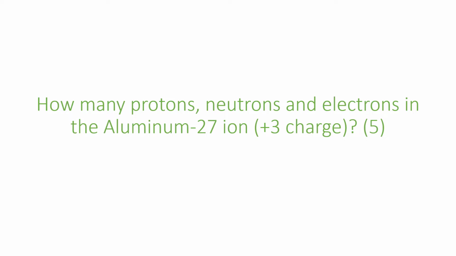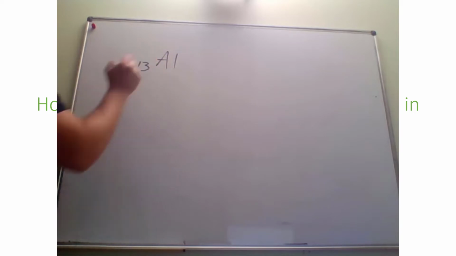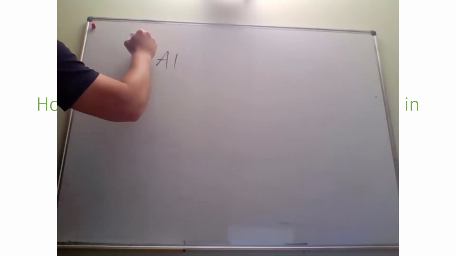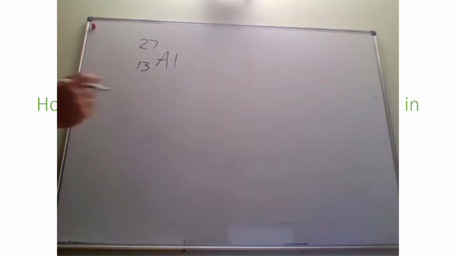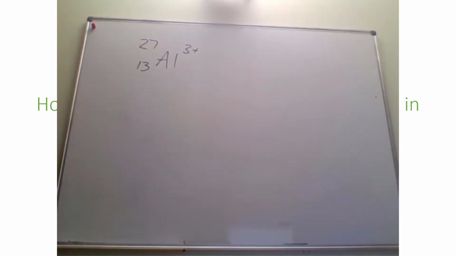Next, how many protons, neutrons, and electrons are in the aluminum 27 ion that has a 3+ charge? So again here, we're going to be taking a look at our symbol, which is Al for aluminum, and the atomic number here is 13, and given to us here is 27 for a mass number, and then our 3+ charge will be shown up in the upper right-hand corner.